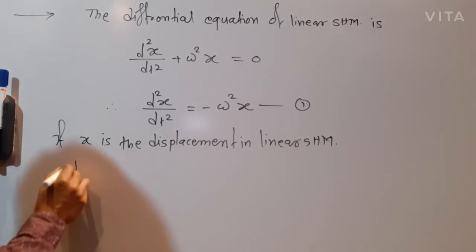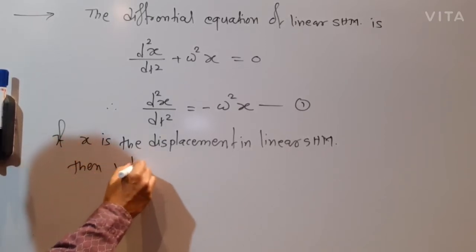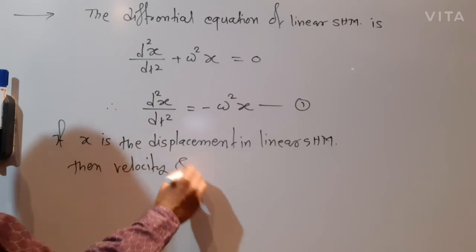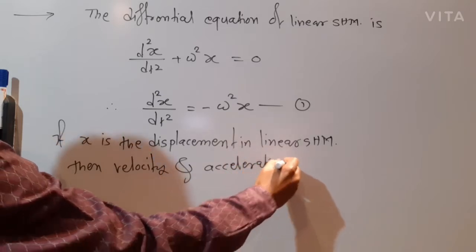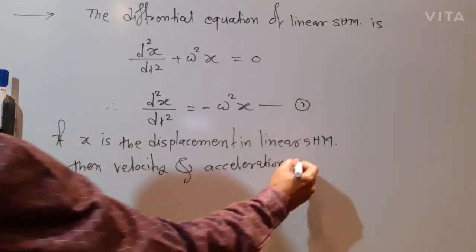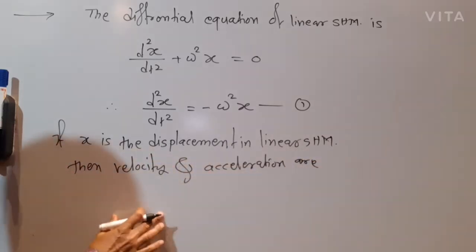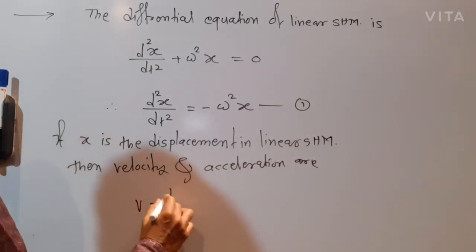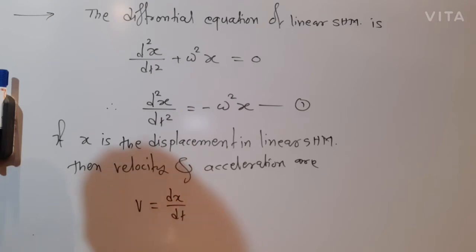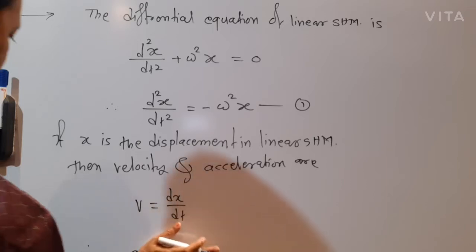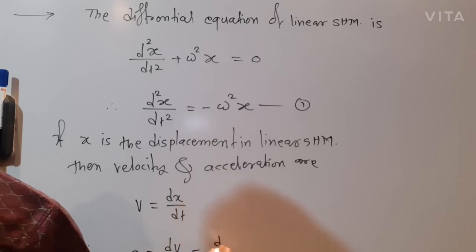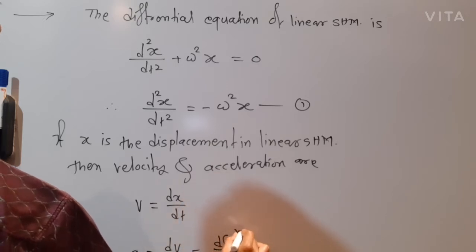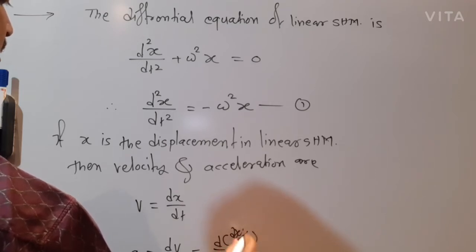then velocity and acceleration are expressed here. Velocity is equal to dx divided by dt, and therefore acceleration is equal to dv divided by dt, which is equal to d/dt of dx divided by dt.